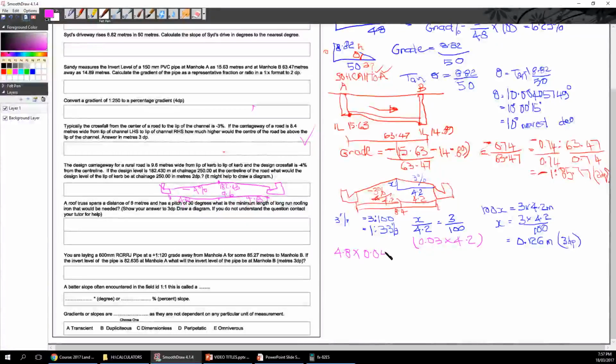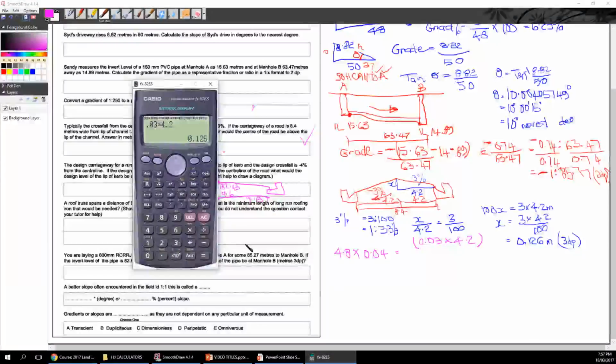That will give us a crossfall, which is going to be equal to, on my little calculator, 4.8 times 0.04 equals 0.192.